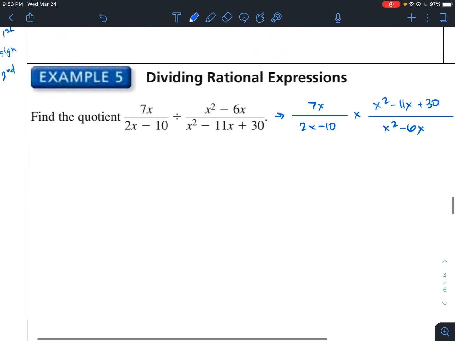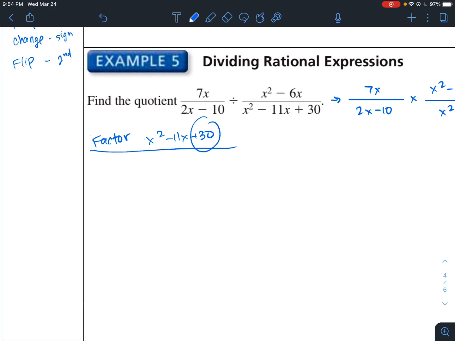So now I just need to factor. This is already factored, so let's factor x squared minus 11x plus 30 if possible. I need to find two numbers that multiply to be 30 but add to be negative 11. 30 would include 1 and 30, 2 and 15, 6 and 5, that's probably going to be it.